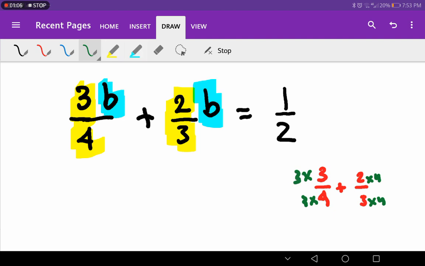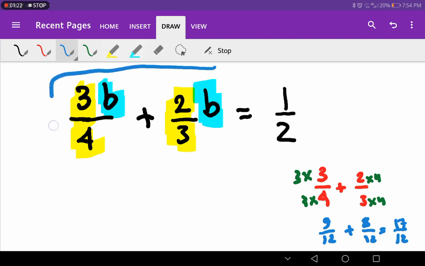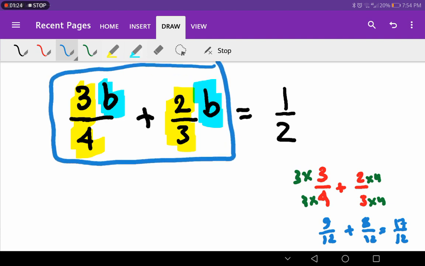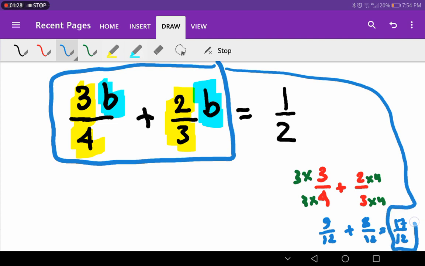So the first fraction will be 9 over 12 plus 8 over 12, which equals 17 over 12. So regarding this, it will be 17 over 12b.